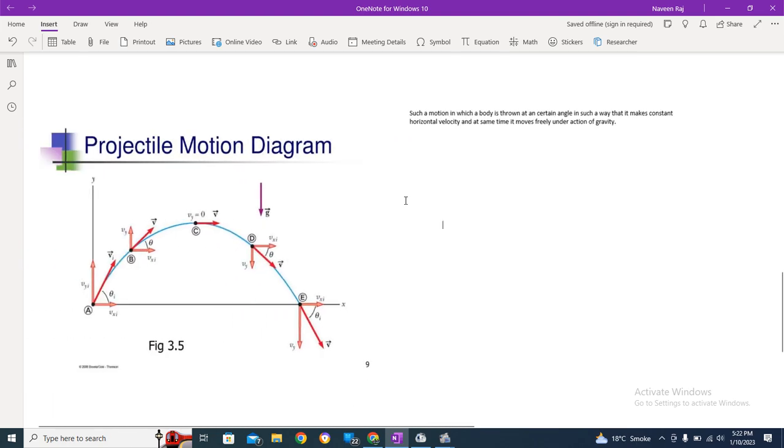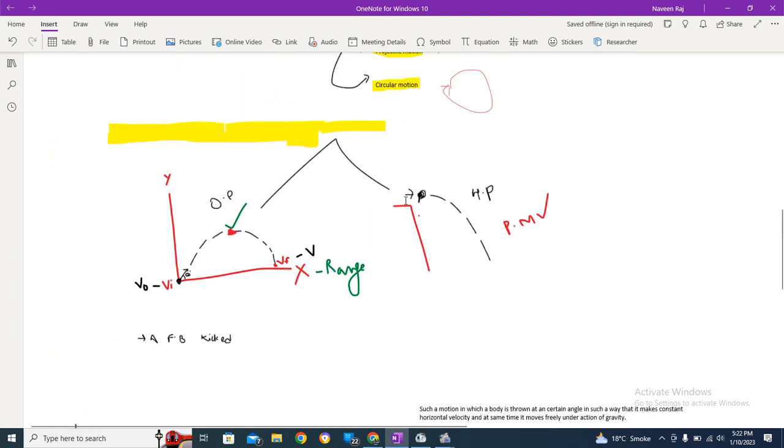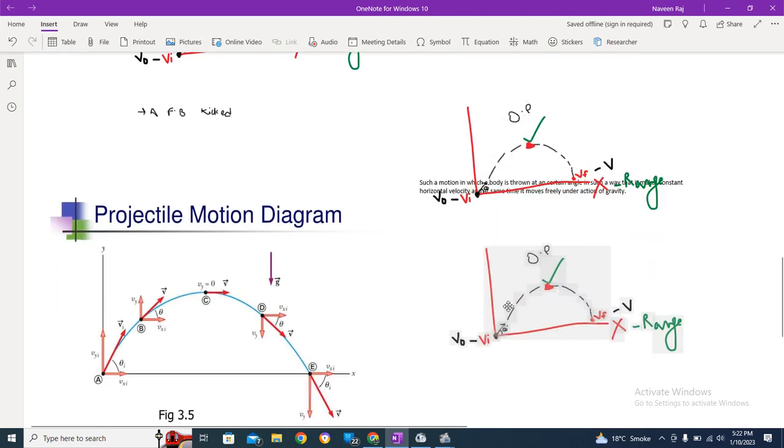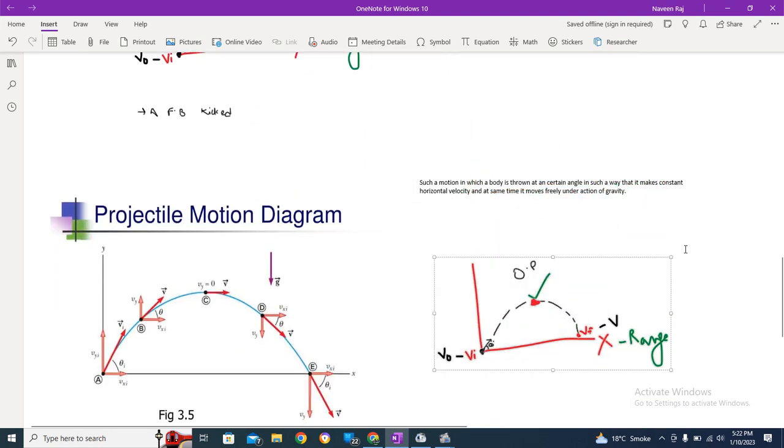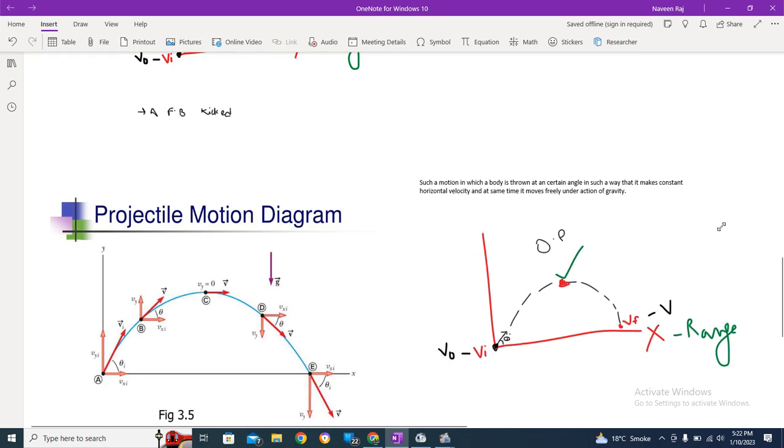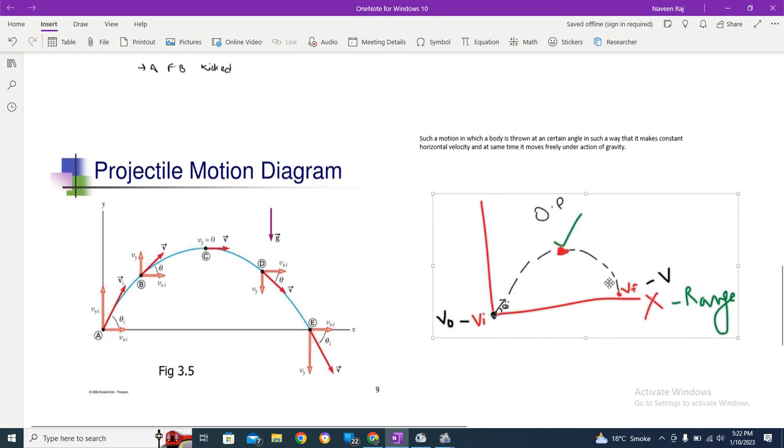For understanding projectile motion, as we have drawn over here, I can take this one as well to make it clear. This is a topic based on diagrams. Okay, so here it is.